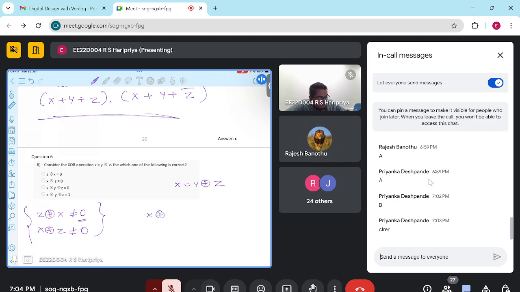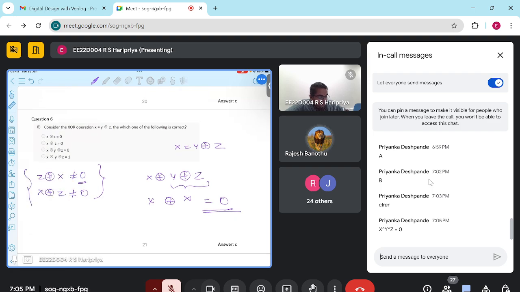So the next possible is x plus y plus z, whether it is equivalent to 0 or 1. Let us see. This is equivalent to x, and we know this is 0. Why? This is the expression for XOR, x exclusive OR y.